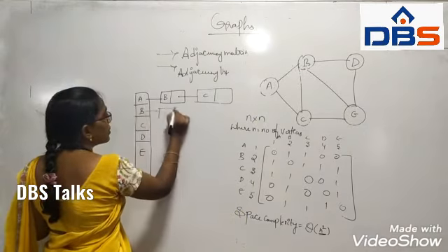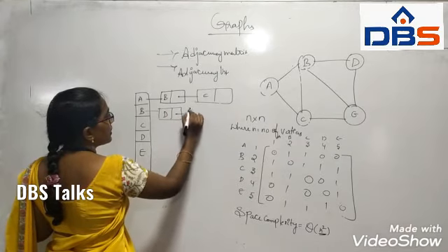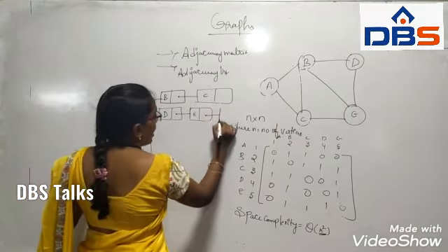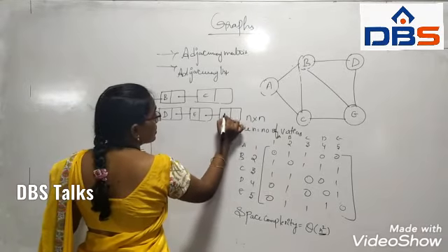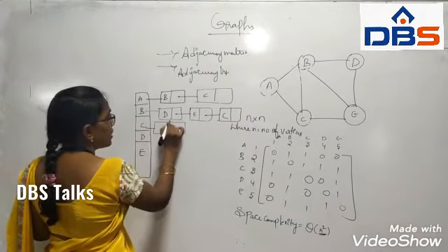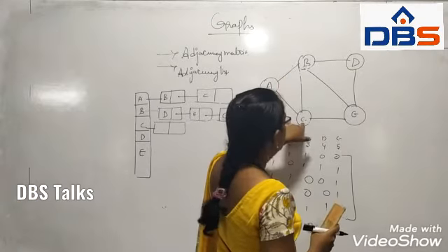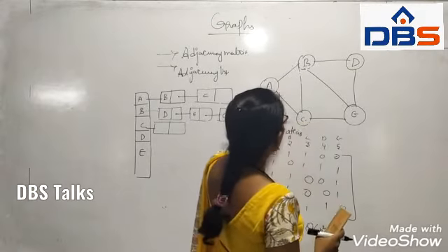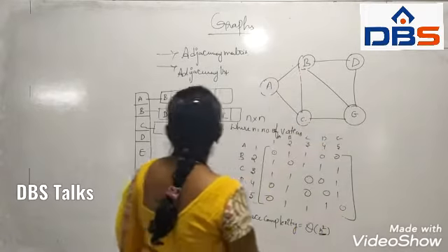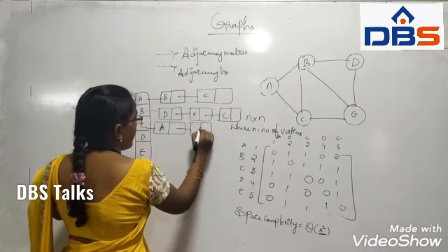B to D, B to E and B to C. Next for the node C, we have to check for how many nodes it has. C to A, B and E.